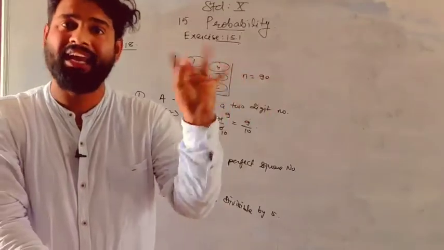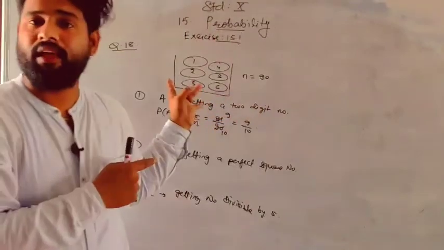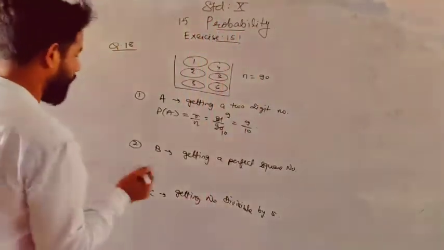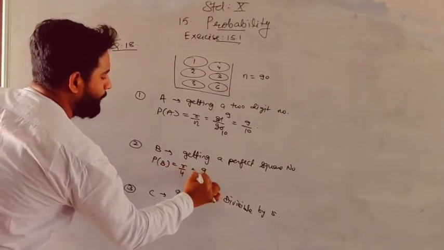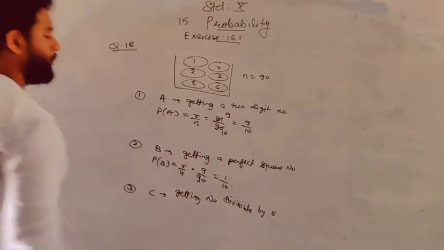That's it. Only 9 numbers are there, because if I go to the next number, it is 100, and 100 discs are not there. So how many perfect square numbers are there? 9. So probability of B is r upon n, 9 upon 90, that is 1 upon 10. 1 upon 10 is your answer.